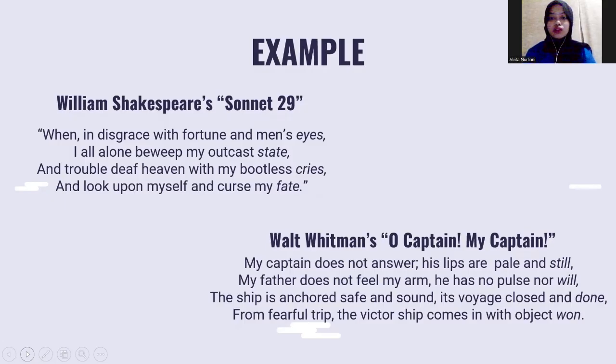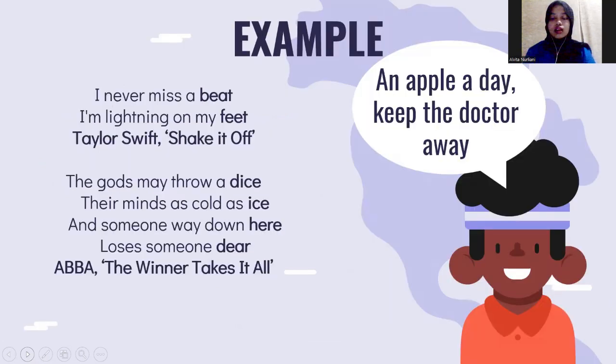And then in Walt Whitman's O Captain, My Captain, the end of the verse has masculine rhyme of still and will, done and won. And then the second example: masculine rhyme usually appears in song lyrics.